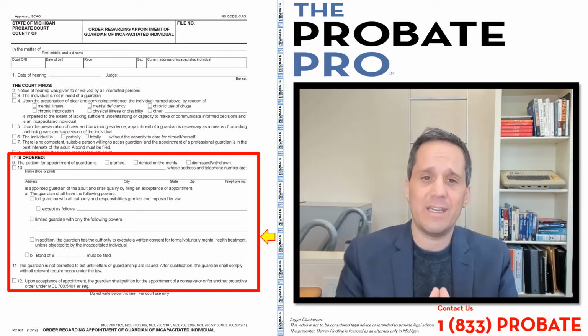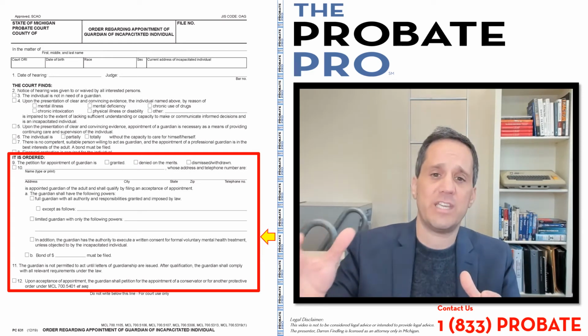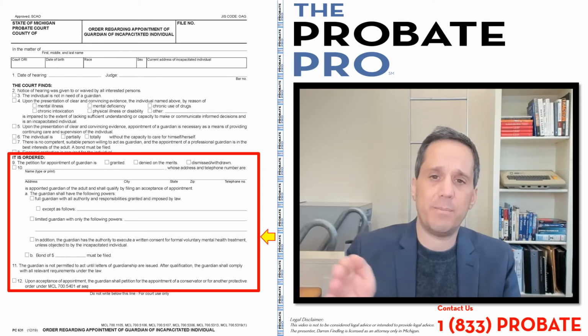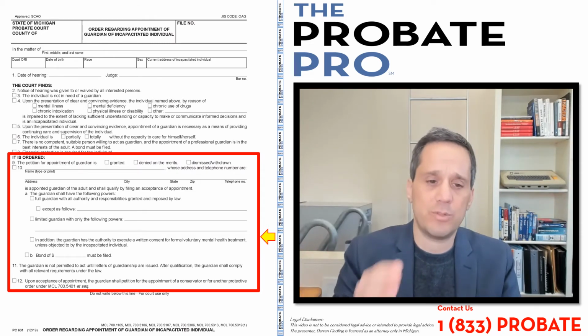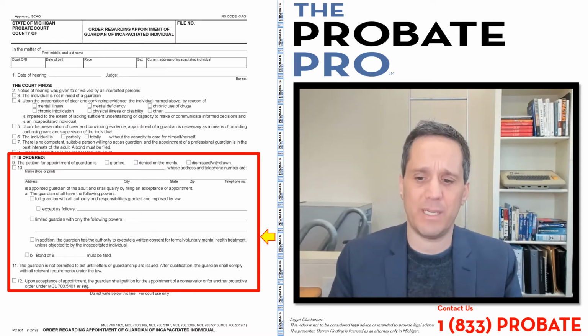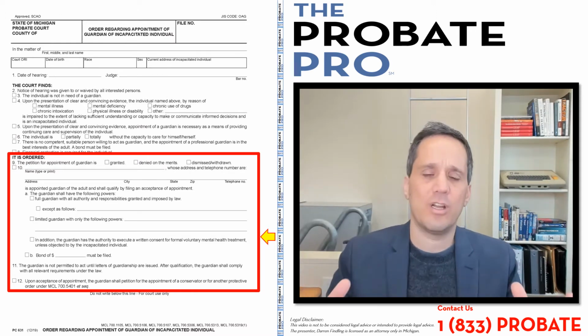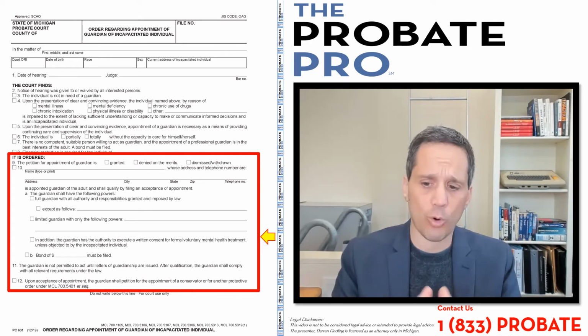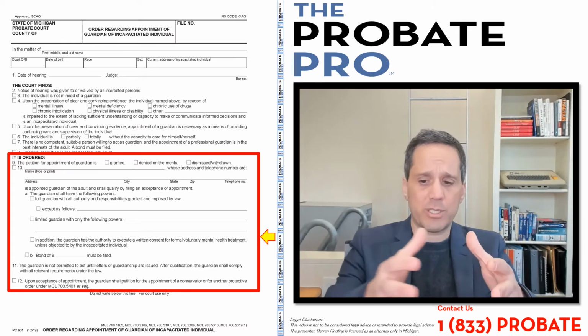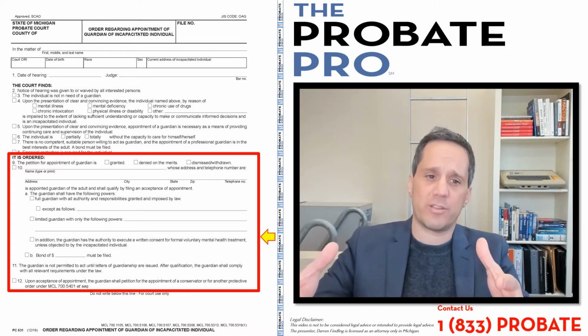On the other hand, if they continue to make improvements, the powers relative to the guardianship can be limited or continue to be reduced, because the idea is to restore that person to autonomy. It's not designed for forever or indefinite, but really as hopefully a period of time. But we recognize that some people under guardianship will remain under guardianship all the way until their death.